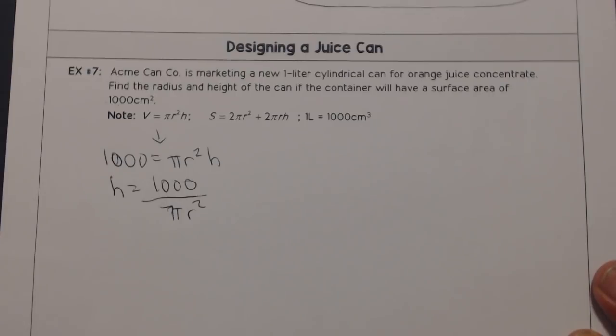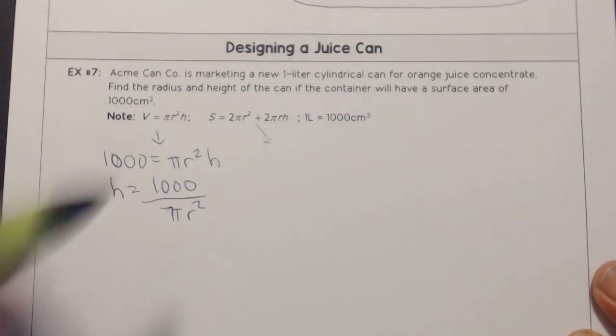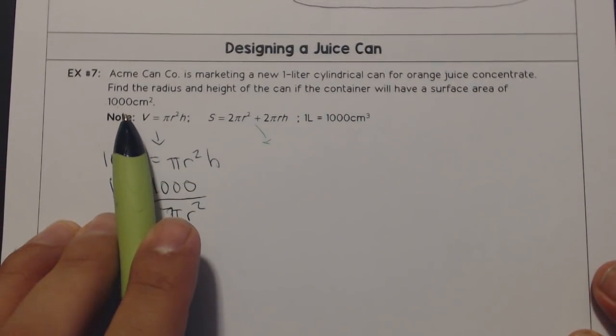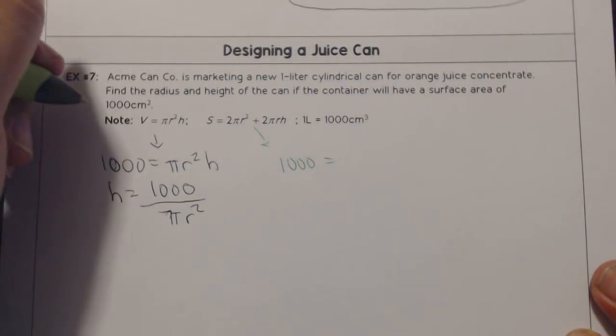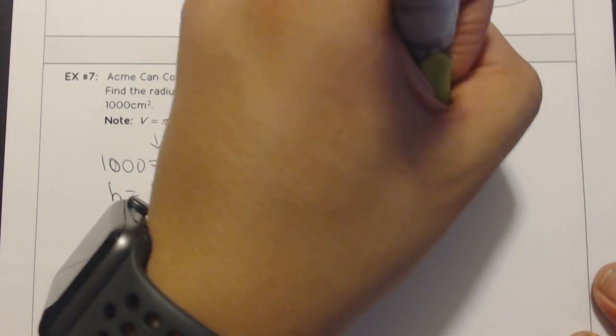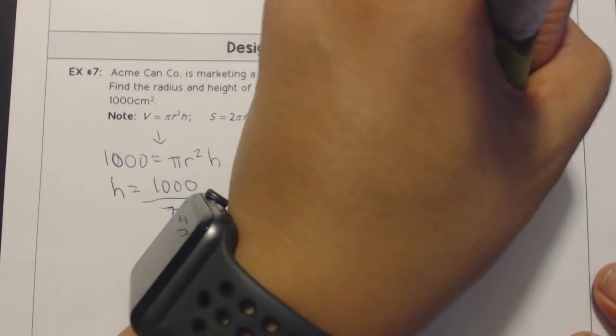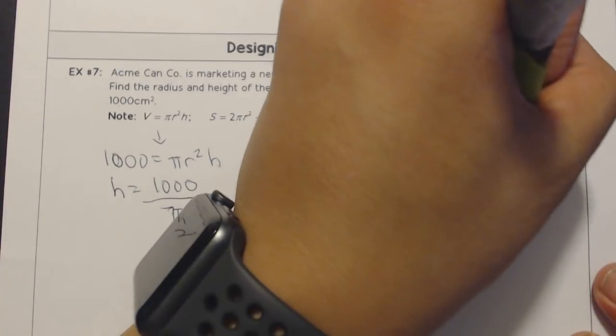So I can say that s, which is 1,000, is equal to 2 pi r squared plus 2 pi r times this h value, 1,000 over pi r squared.